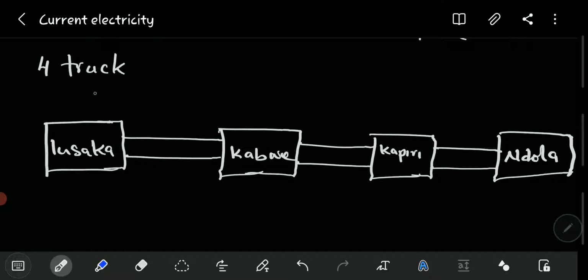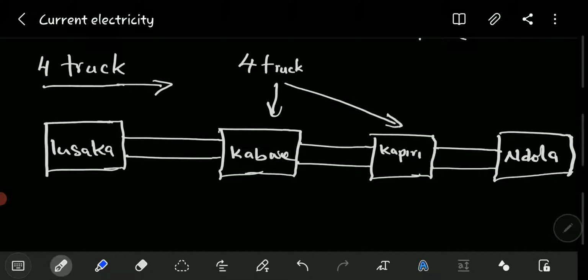If 4 trucks leave Lusaka heading for Ndola, it means that 4 trucks will pass through Kabwe. The same 4 trucks will pass through Kapiri. The same 4 trucks will arrive in Ndola. Are we together?